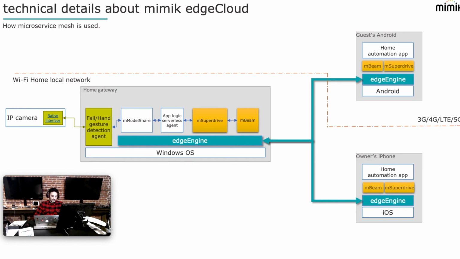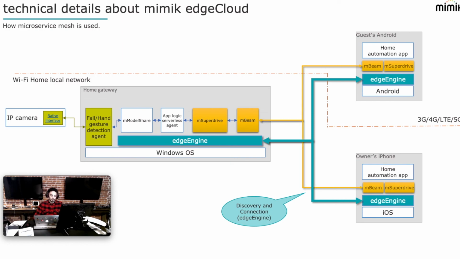We used edgeEngine, like you saw before, to do the discovery and the connection amongst all the devices, Windows OS, iOS, and Android. And we use the microservices, SuperDrive and mbeam, that are also on the Android and the iOS device to receive that video.